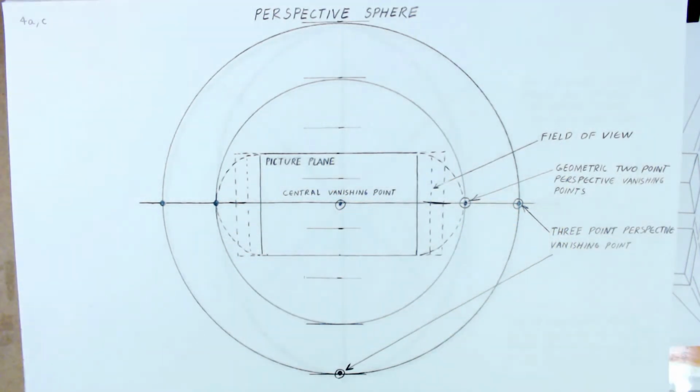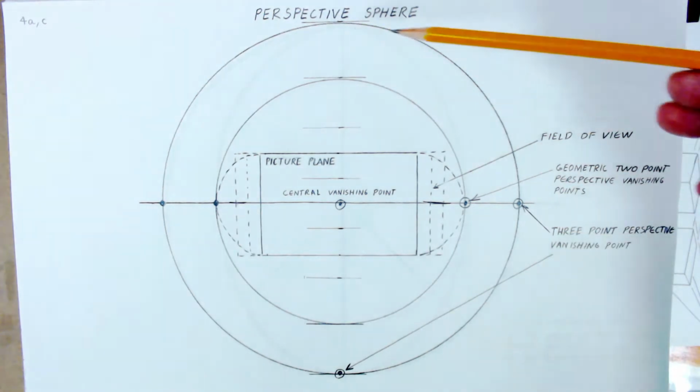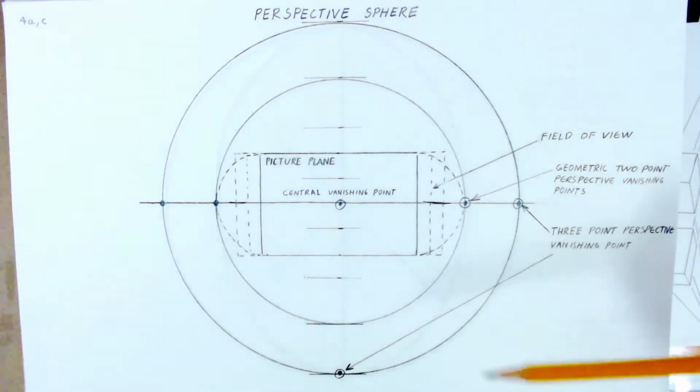I would say that HDTV, there's a reason why we have HDTV in the configuration that we do, which is 16 by 9, almost 2 to 1, but not quite, because it's very similar to human vision. Anyways, these vanishing points are geometrically placed. Once again, I'll explain that a little more later. And then we've got our 3rd vanishing point, which is outside of our field of vision.